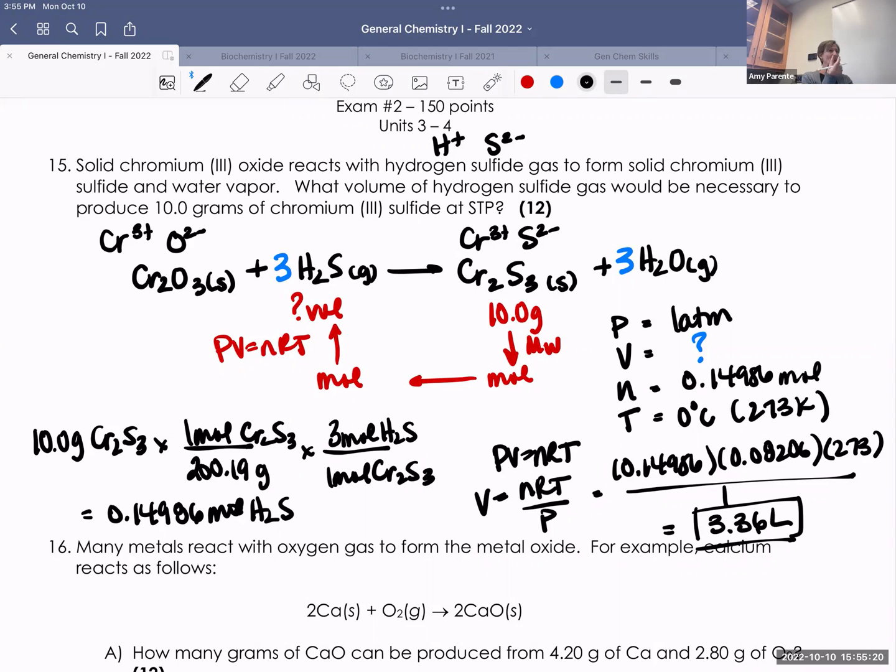Different size things will weigh different amounts, but a good rule of thumb is a sugar cube weighs about a gram. So 10 grams of something is like having 10 sugar cubes, I can hold that in my hand. You shouldn't have 3 billion liters of gas that's generated. That just doesn't make sense.